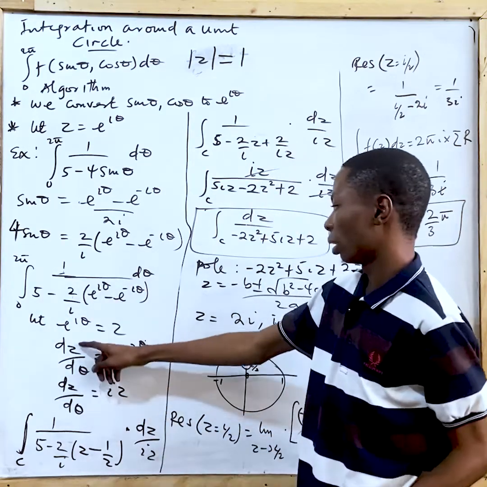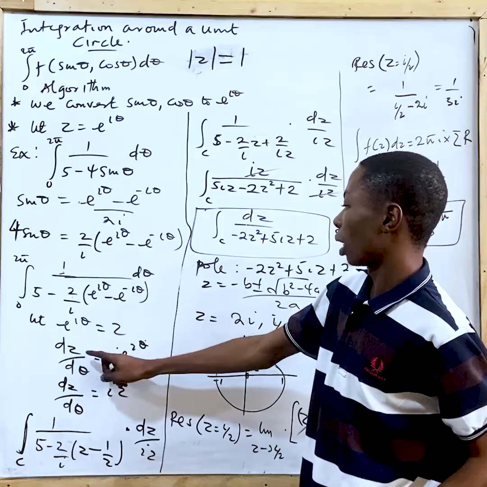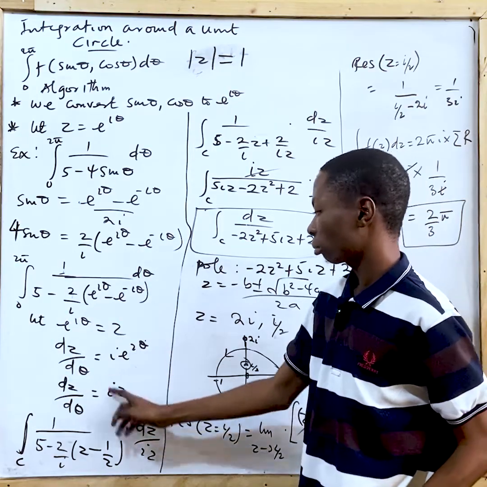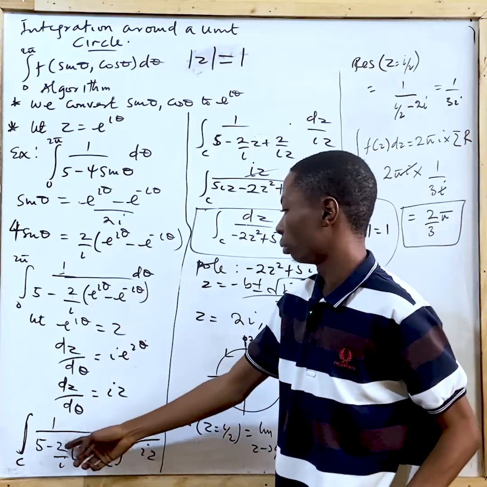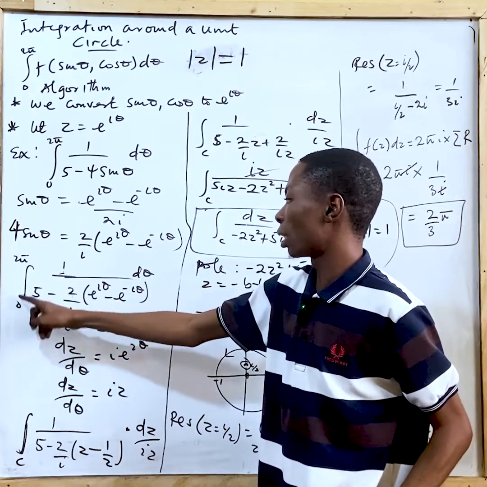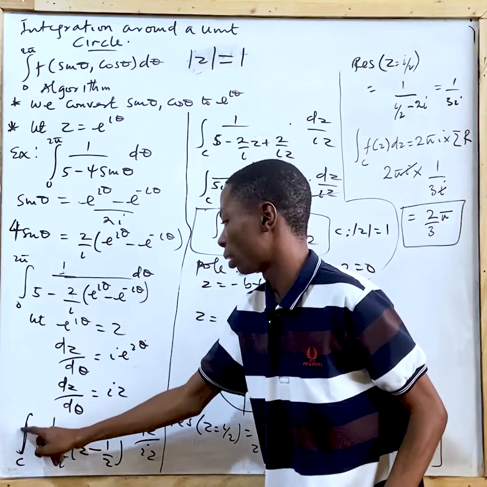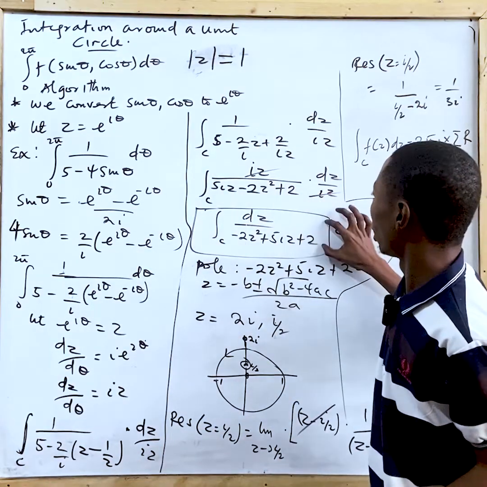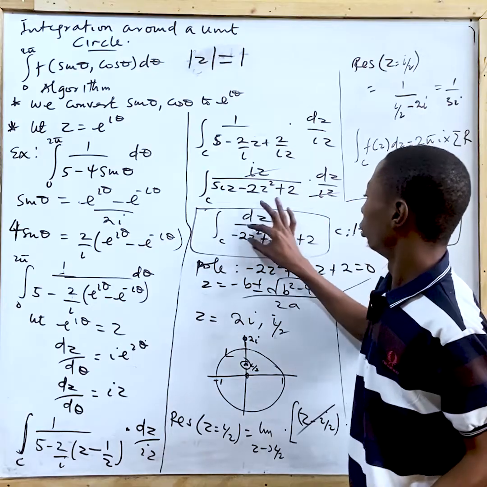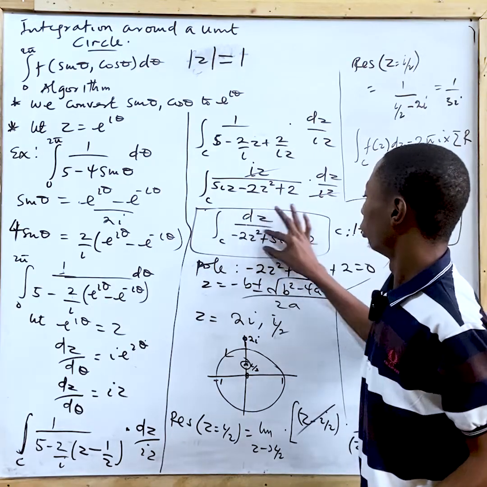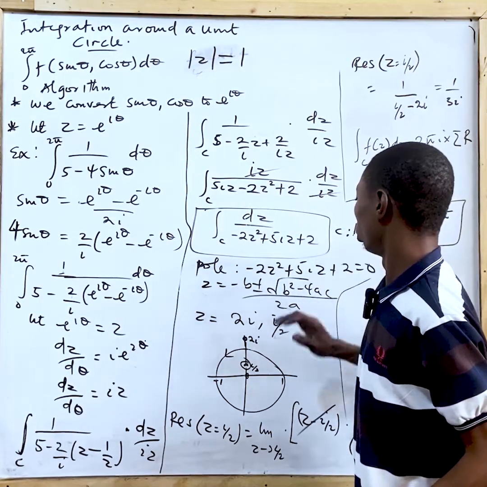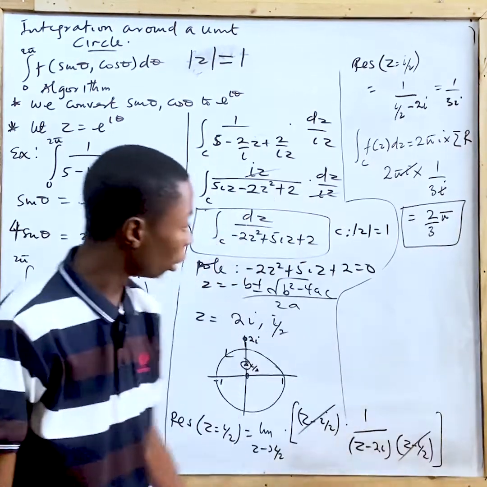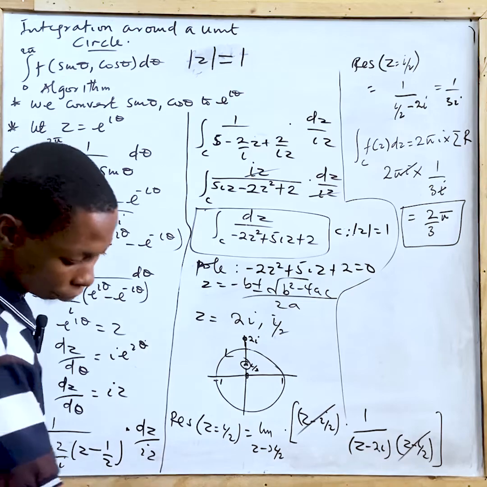You differentiate. By differentiating e raised to i theta, we are going to have i e raised to i theta. And then the integral from 0 to 2 pi will now be around the closed curve C. So we arrive at this part, use the residue theorem here. Find the poles, take the residue at each pole, and then obtain the sum of the residues.